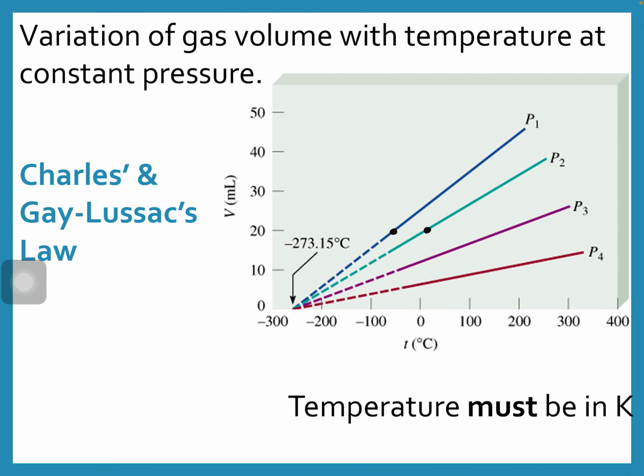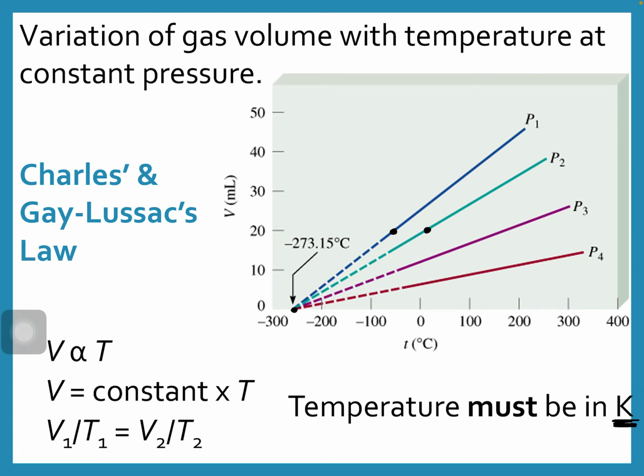So for both of these, with temperature, pressure, and volume, both have a direct relationship, where when one increases, the other increases. We also found out that if we were to extrapolate our data, all of them converged here at negative 273.15 degrees Celsius, which is 0 Kelvin.